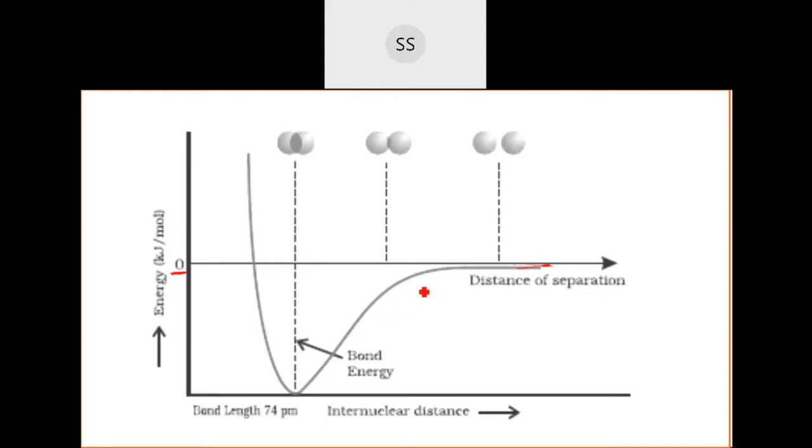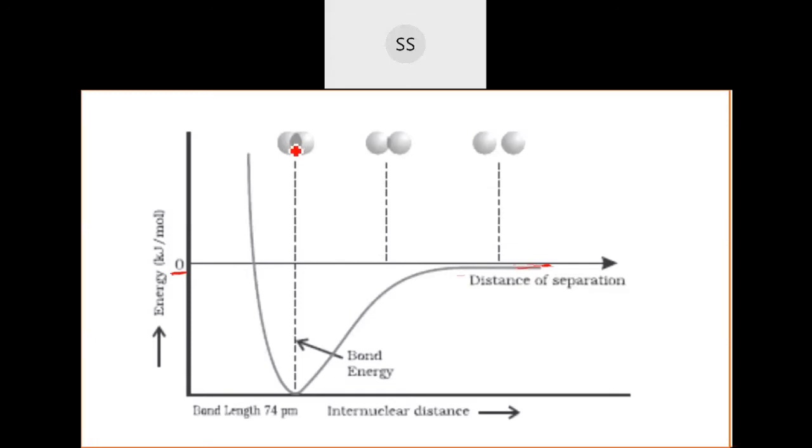Because they want to become stable. To attain that stability, from both atoms a certain amount of energy has to be released, and the potential energy of the whole system starts decreasing. Once the attractive force and the repulsive force get balanced with each other, the bond formation takes place.